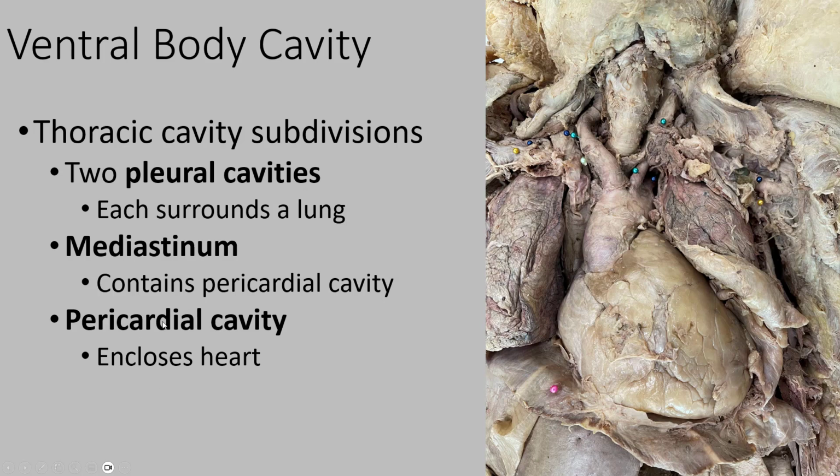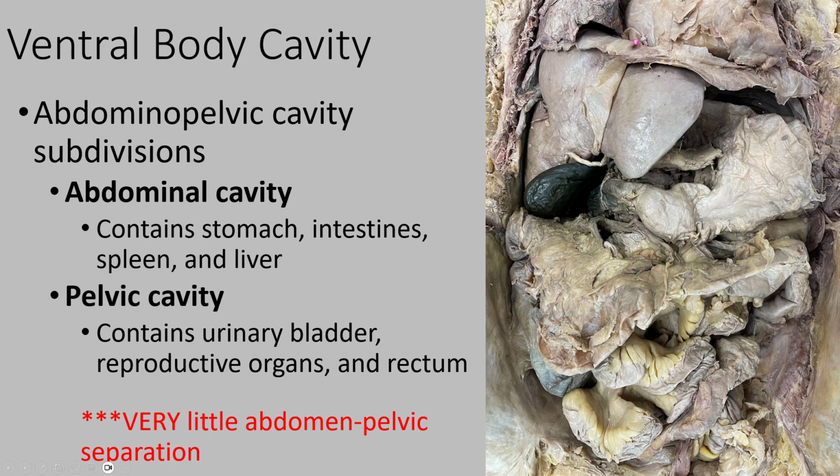There's a lot going on in the upper part of that ventral body cavity. But if we look below the diaphragm, in the inferior part of the ventral body cavity, we find the abdominopelvic cavity. And it is also further divided into smaller cavities.